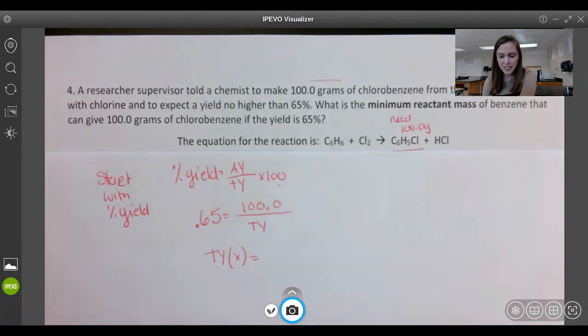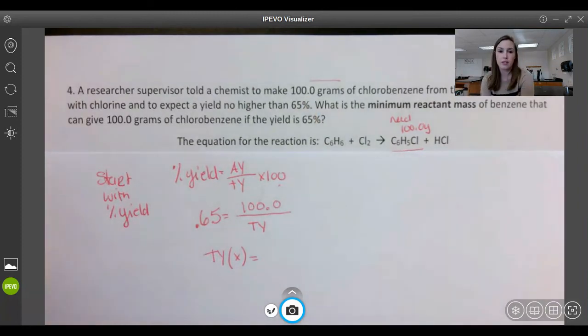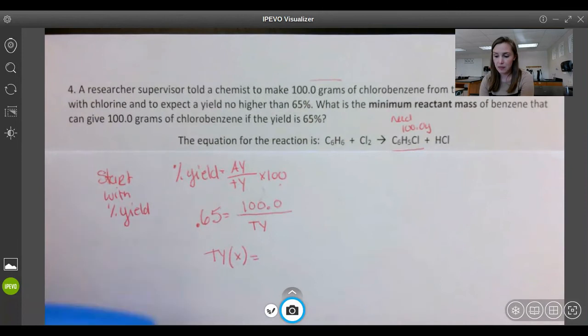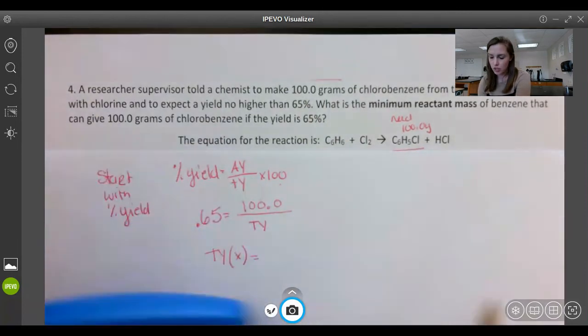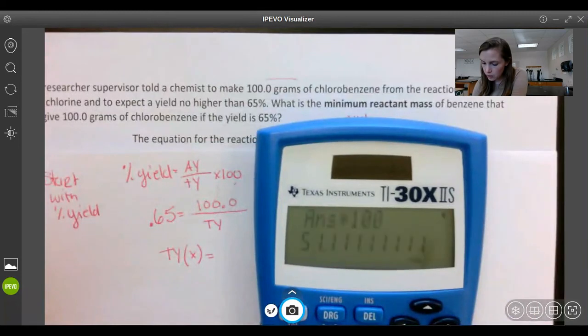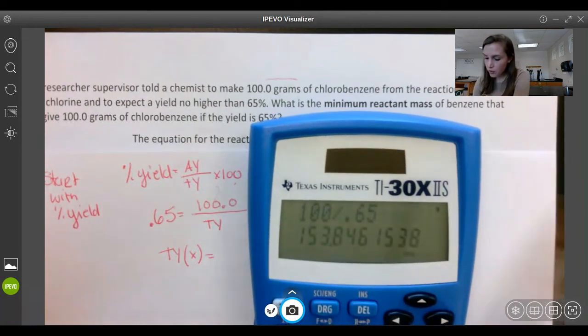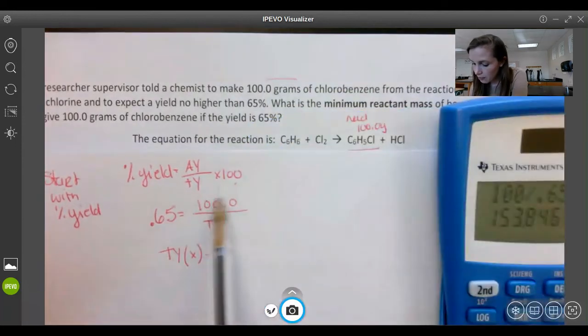When you go to solve for this, I'm going to use, in this case, the 4 sig figs in the mass that I'm given, because again, with percentages I don't really look at it in terms of precision. So this is going to end up being 100 divided by 0.65, and I'm going to go to how I have my grams here.